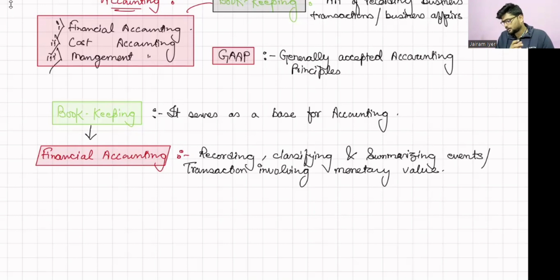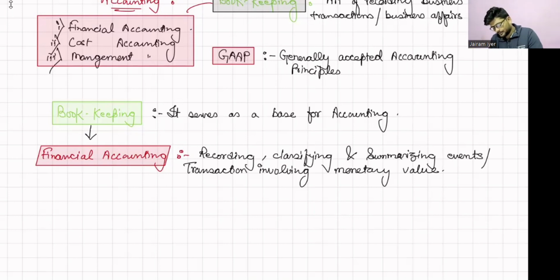We'll come to recording, classifying, summarizing, but events and transactions involving monetary value means anything which is not done in cash or does not affect cash, that is not recorded in financial accounting. Correct. Now, suppose, for example, this will be a very stupid example, but nothing right now is coming to my mind except this.